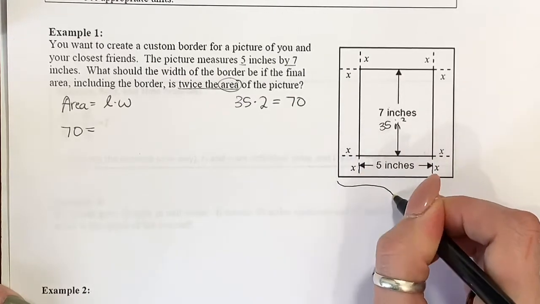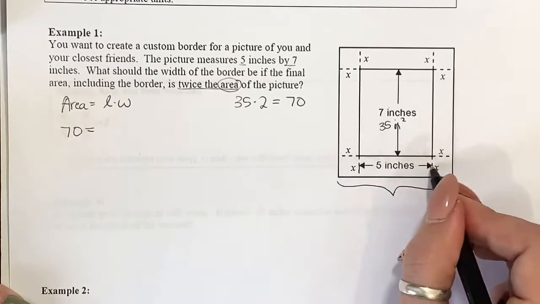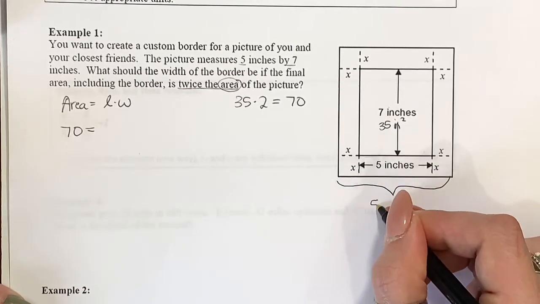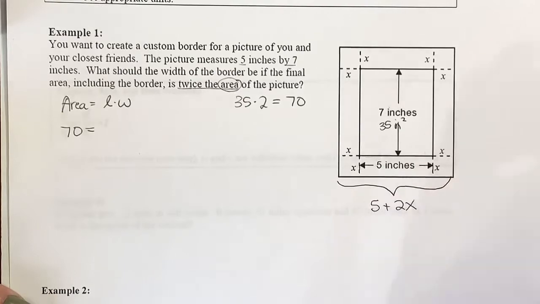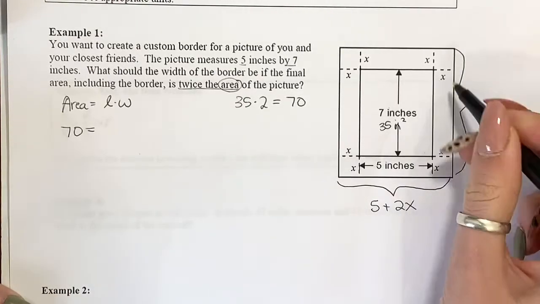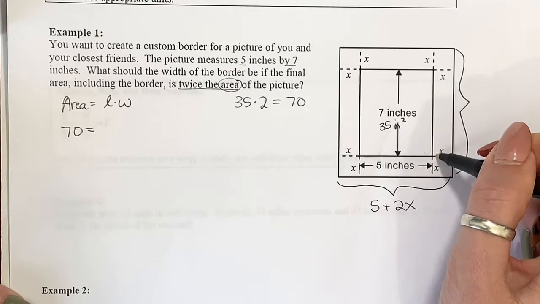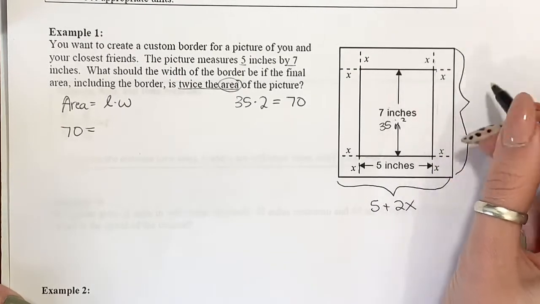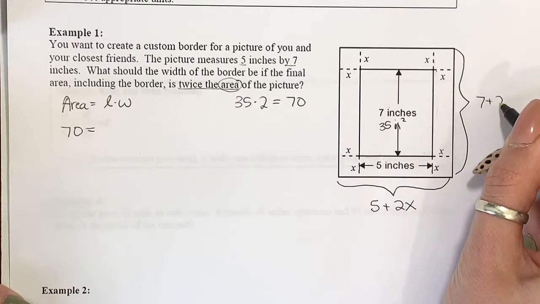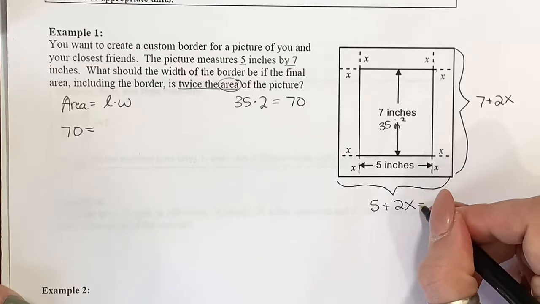So to write the equation for this piece, we're going to do 5 plus the 2 corners, which is 5 plus 2x, or 2x plus 5. And then same for the height. Originally it's 7 inches, but we're adding this length here, an x, plus 7 inches plus another x. So 7 plus 2 x's, or 2 corners. So these are going to be our length and our width.